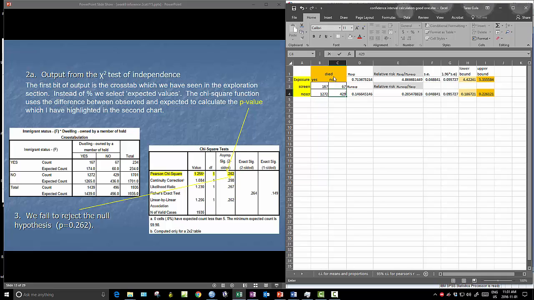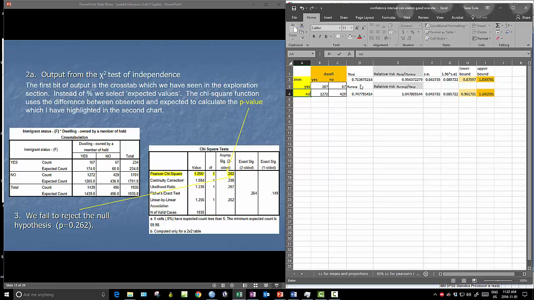Okay, so we've entered, essentially, dwelling owned by household, and the exposure or independent variable is yes or no, right? And we can even, if we want to for ourselves, change that. Immigrant status, yes, no, and we can change this to dwelling, yes, no, just so we're not confused.